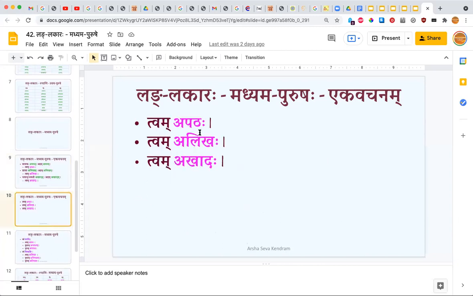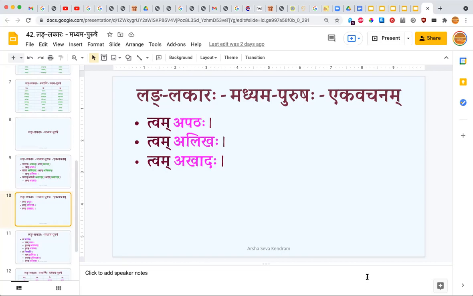So apathaha, alikhaha, akhadaha. Because it's a lang lakara, the a letter will come in the front. So that's something we can generalize. And for Madhyama Purusha Ekavachana, it will end in a visarga. Apathaha, alikhaha, akhadaha.